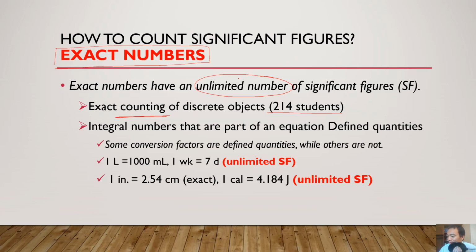The second type of exact number comes from the definition. For example, we do know 1 liter is 1,000 milliliter. It's neither 1 sig fig as you see in 1, it's not 4 sig figs either. Rather, it is an unlimited number of sig figs.